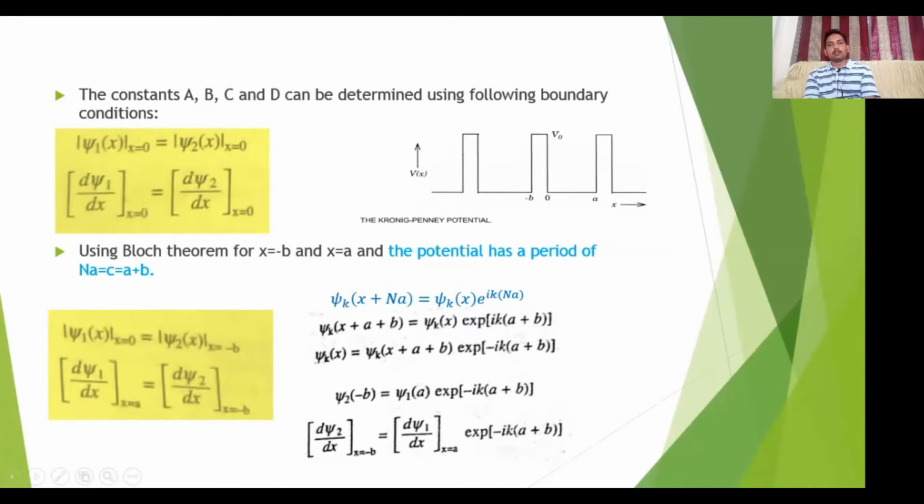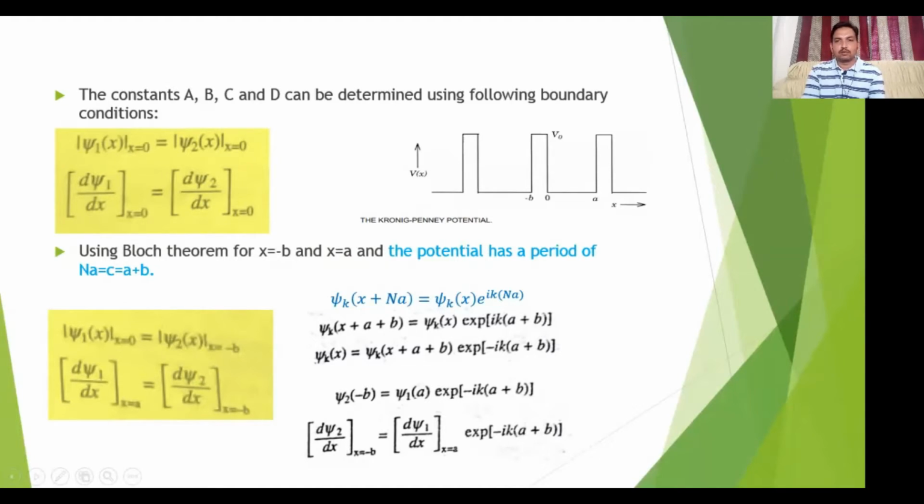For the other boundary conditions, on the basis of symmetry, we compare two points, x equals minus b and x equals a. On the basis of periodicity, they are the same. So if they are the same on the basis of periodicity, then you can apply the Bloch function there. This region is b and this region is a. The total region from minus b to a is a plus b.